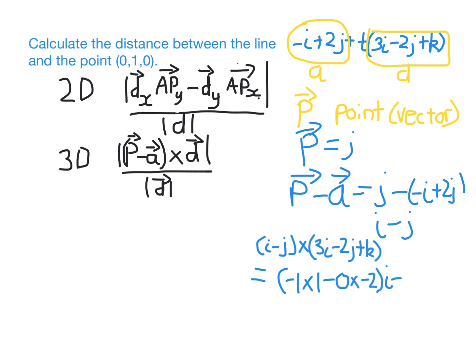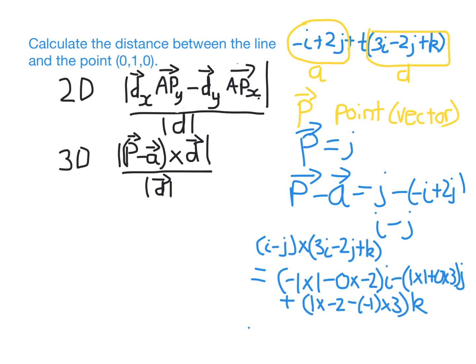Then it's always a minus when we come to do the j component, so it's i times k, and then k times i. That will give us the j component, and then it's always a plus for the last one. So it will be i times j and j times i.